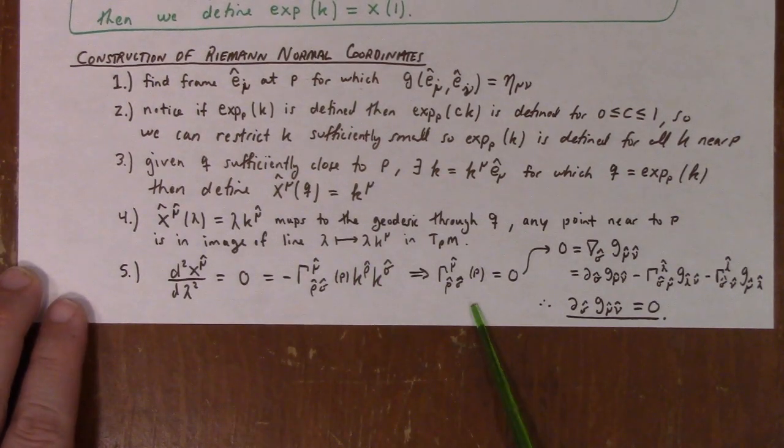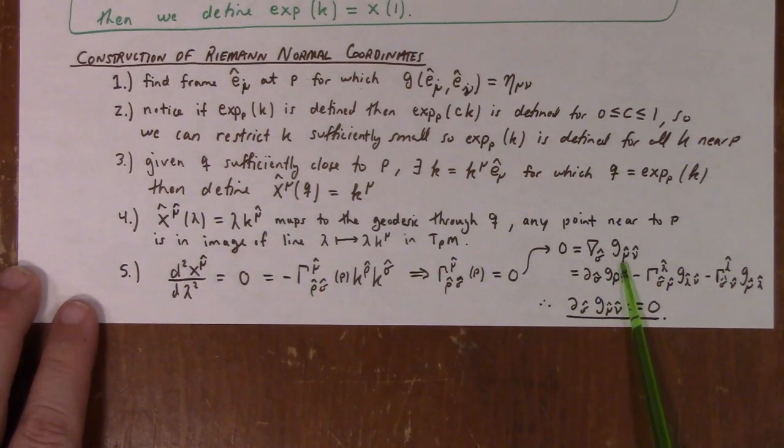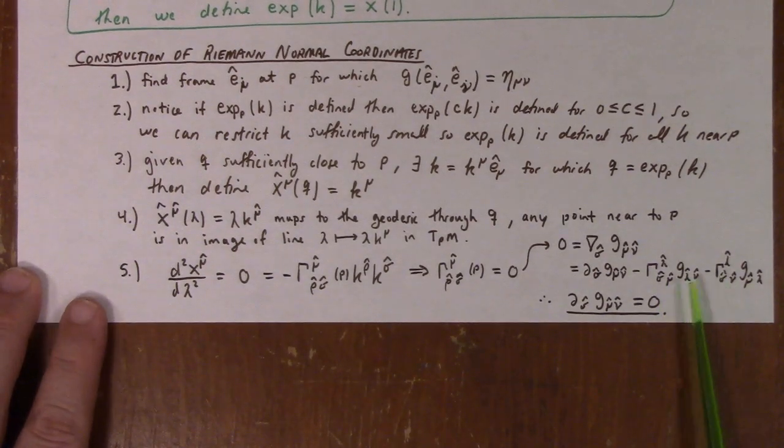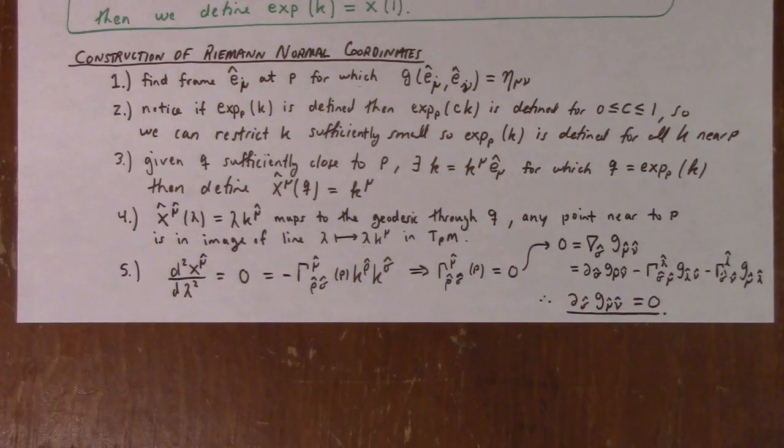And if that's true, then we can calculate the covariant derivative of the metric at P, and that's this. But since it's equal to 0, and this is 0 and that's 0, we just get that the first derivative of the metric is equal to 0 for arbitrary mu and nu. And look, I found it in my heart to put hats on the indices down here. I hope you're happy. So, there it is. That's pretty neat.